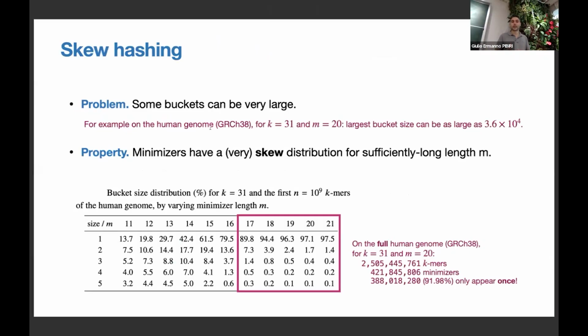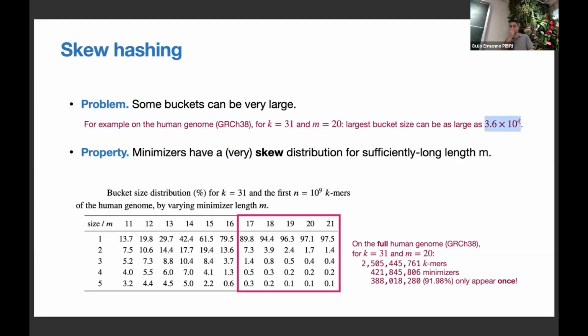Well, there is also formally this other component of the index, the skew part, that solves this problem. I'll be very quick. The problem is that sometimes some minimizers are very repetitive. For example, on the human genome, for these parameters, there could be some minimizers that appear this many times.